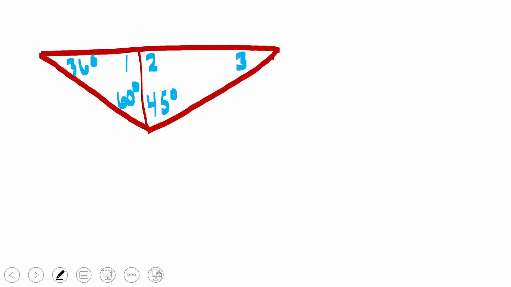That's supposed to be a 36 up here. We can calculate for all the missing angles. Let's do that. To begin, select one triangle. The best one to select is the one that has the most information. We have two given angles in degrees and a missing angle, the measure of angle 1. Start there.